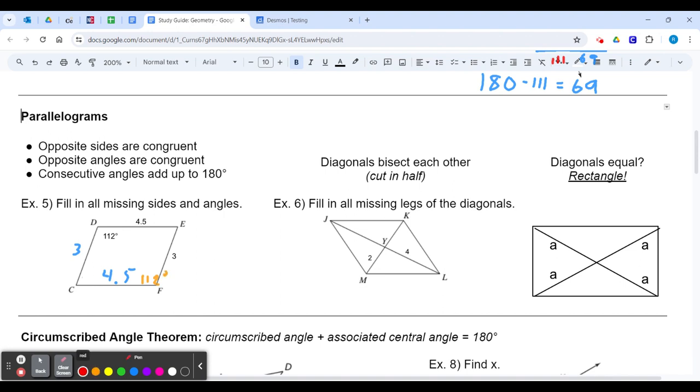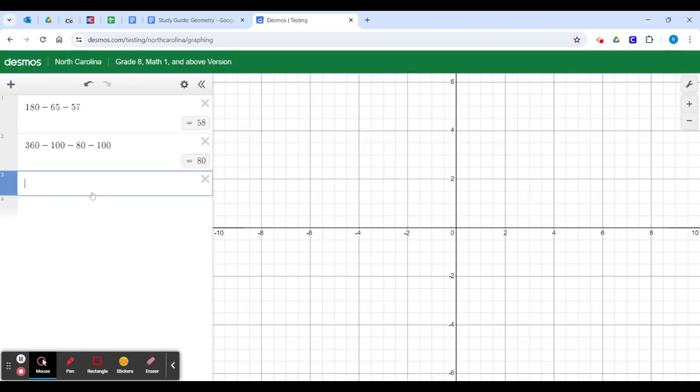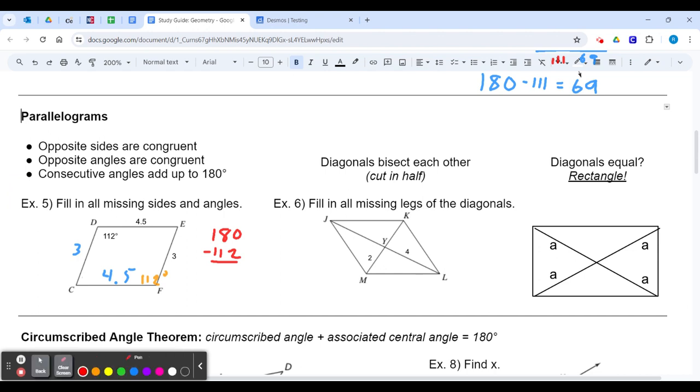And lastly, to find those 2 angles that we don't know, we should subtract that 112 from 180, which I cannot do in my head this early in the morning. So I'm going to go 180 minus 112. That gets me 68. And that is what's going in our final missing angles here, 68 and 68.